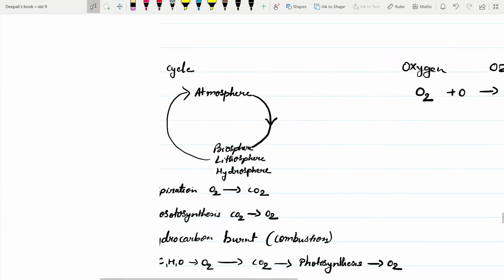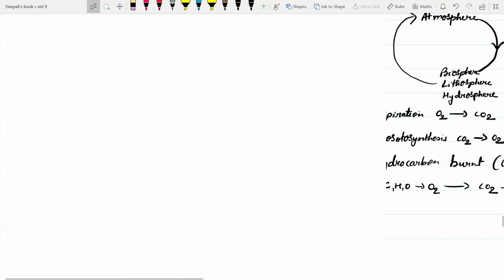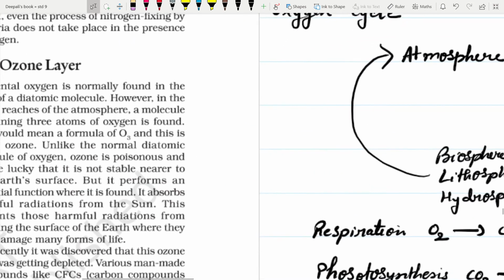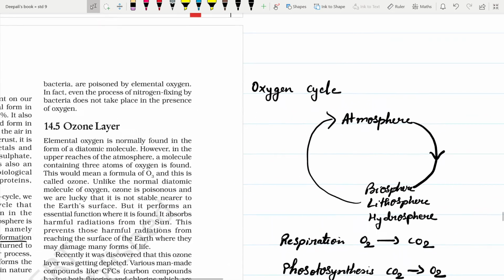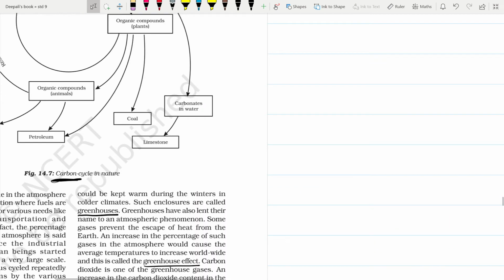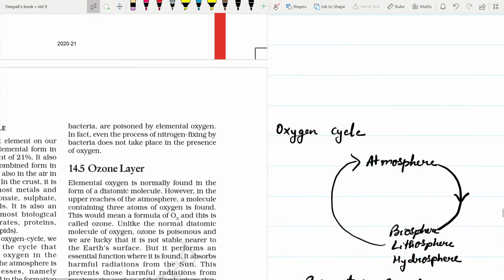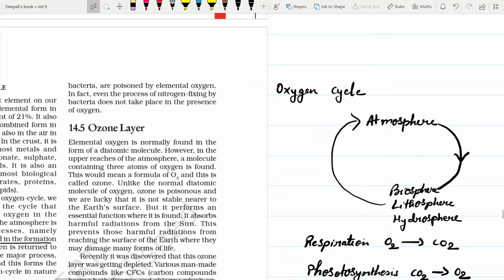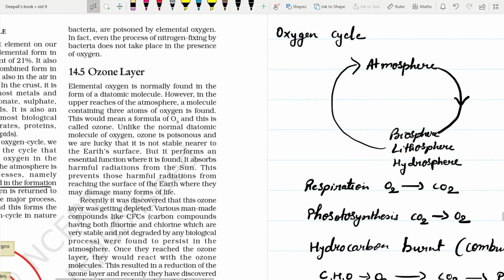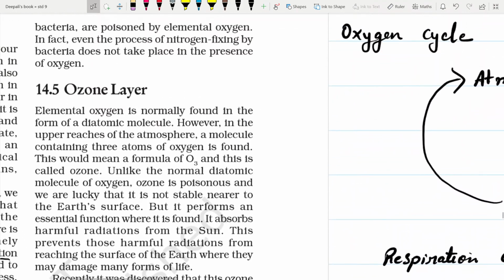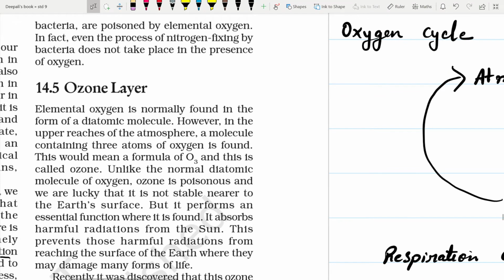Now, actually, ozone is a poisonous gas, about which you will study in 10th standard. But it is a very important gas in the atmosphere because it protects the atmosphere of the earth by shielding it from the UV radiation. It does not allow the UV radiation to enter the atmosphere and maintains the balance of UV radiations.